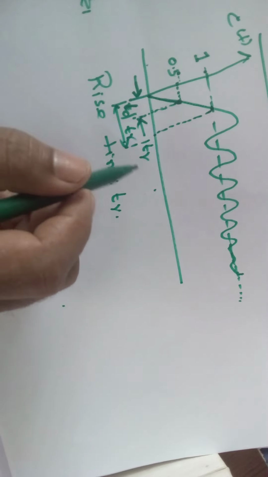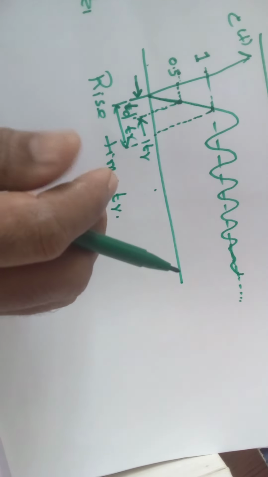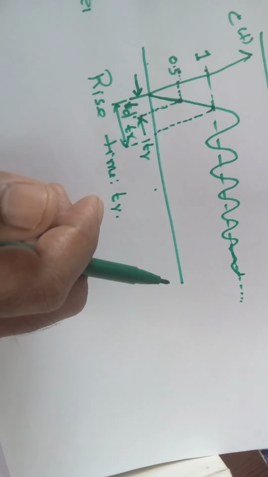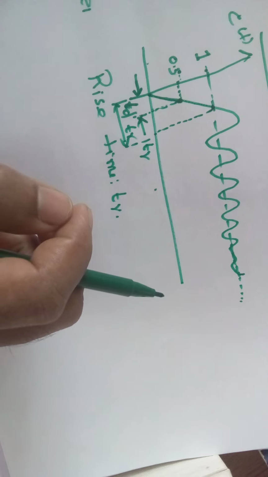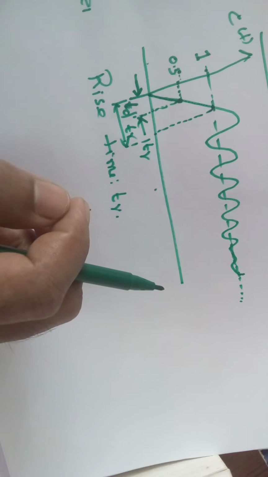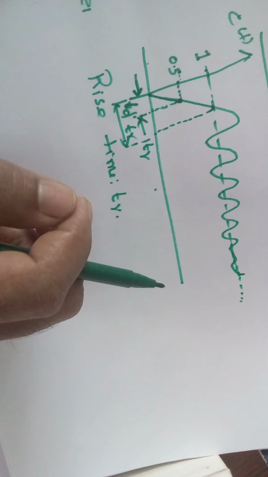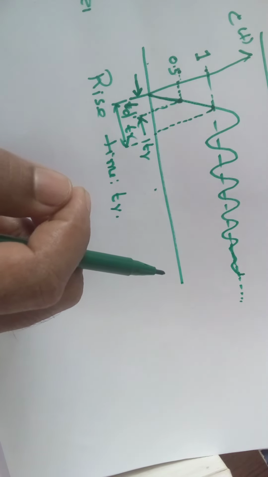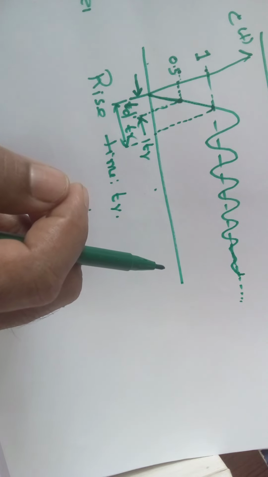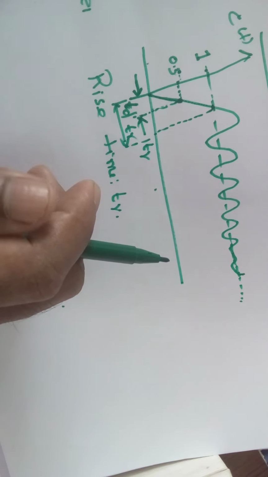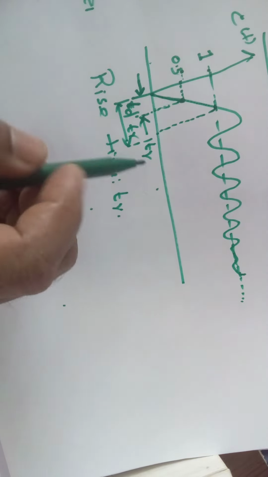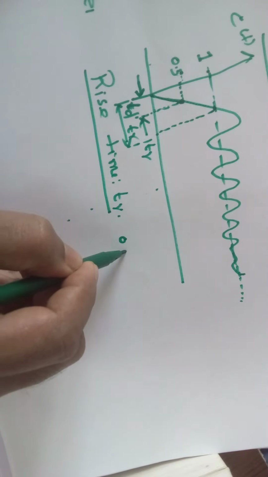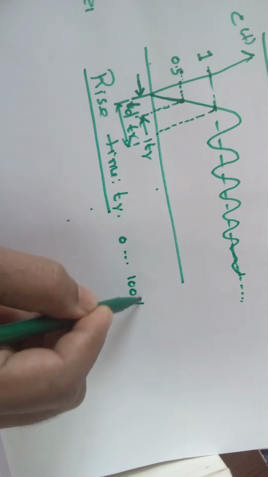Understood? The rise time is nothing but the time taken for the response to rise from 0 to 100% for the very first time. For an underdamped system, the rise time is calculated from 0 to 100%. But for an overdamped system, it is the time taken by the response to rise from 10% to 90%. So for the underdamped case, you calculate the rise time from 0 until it reaches 100% for the very first time.